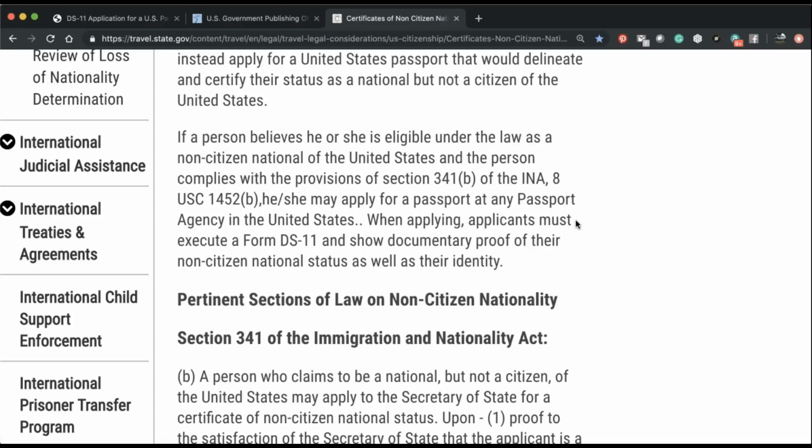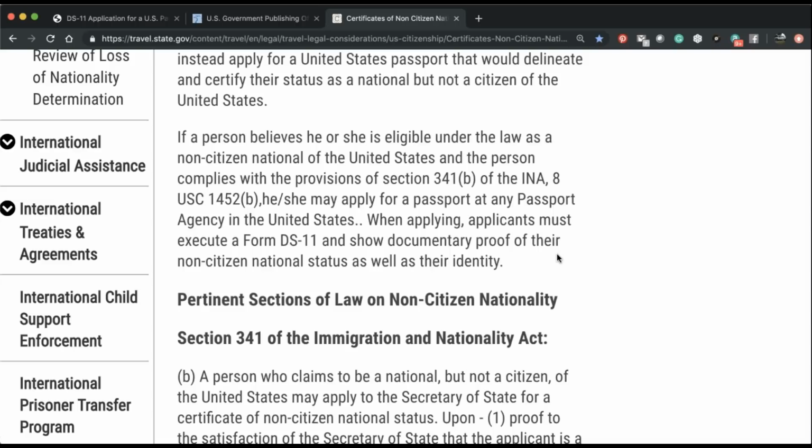When applying, applicants must execute a Form DS-11 and show documentary proof of their non-citizen national status as well as their identity. Basically, they're telling you, show your identity as a U.S. citizen, and we're going to give you this thing just like you want it. Really, the certificate you're talking about is the actual application. It's not the passport. It's how you fill out the passport that determines who you're going to be.